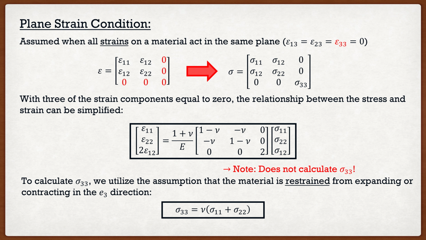So in plane stress, it's free to expand or contract. In plane strain, it's restrained. Because of this, we can calculate sigma 3,3 as nu, the Poisson's ratio, multiplied by sigma 1,1 plus sigma 2,2.